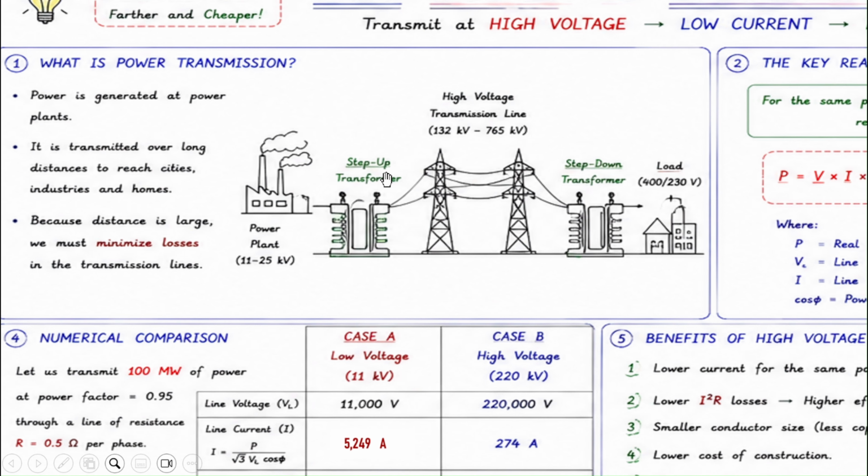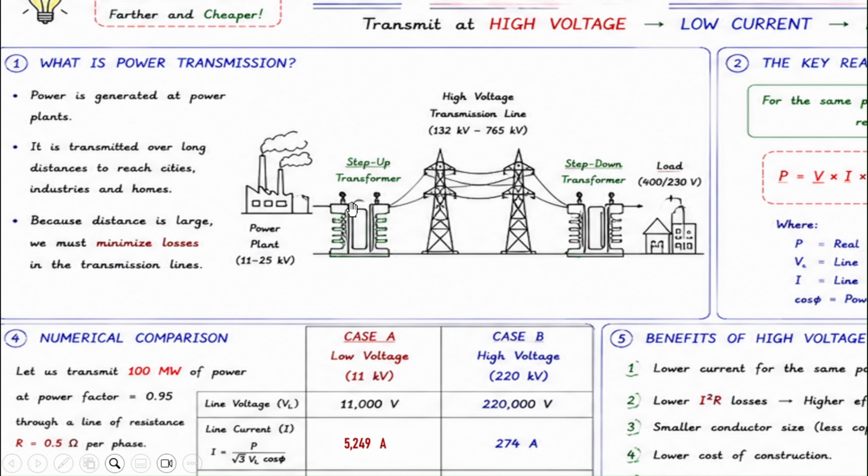What this machine basically does is step up the voltage from 11 kV to 130 kV. And when the electricity reaches its destination, it goes through a step-down transformer, which functions basically the opposite way of a step-up transformer.